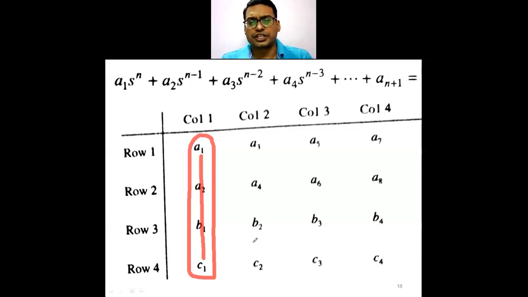Now, if there is a change from positive sign to negative sign, then as many times as this change occurs, from positive to negative or negative to positive, that many roots lie on the right side of the complex plane.